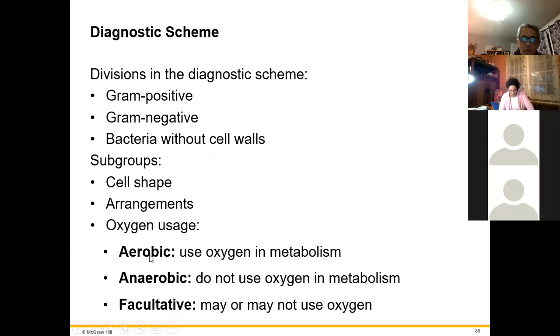Some bacteria are aerobic like us, they need oxygen for metabolism. There's anaerobic bacteria that do not require oxygen for metabolism. Anaerobes means not oxygen. There are bacteria like E. coli that are facultative, so they can thrive in an anaerobic environment and switch over in an aerobic environment.